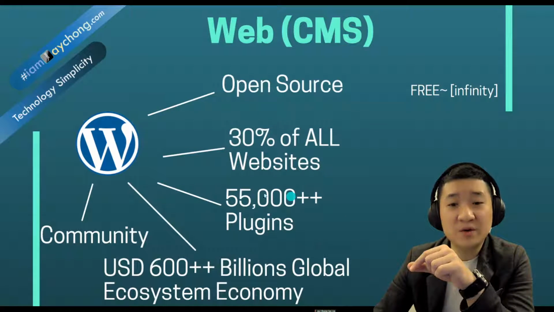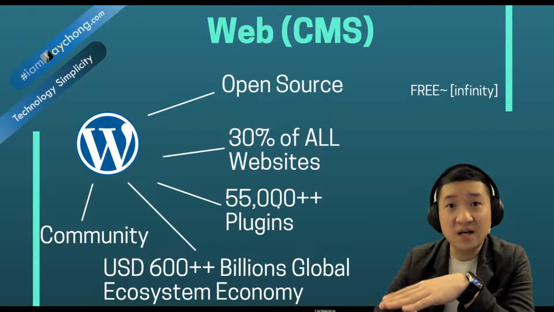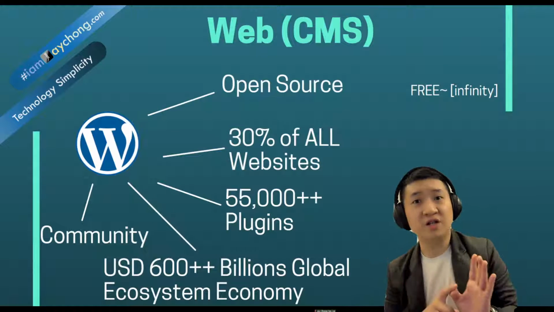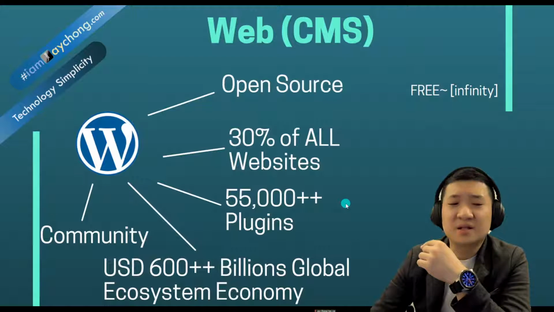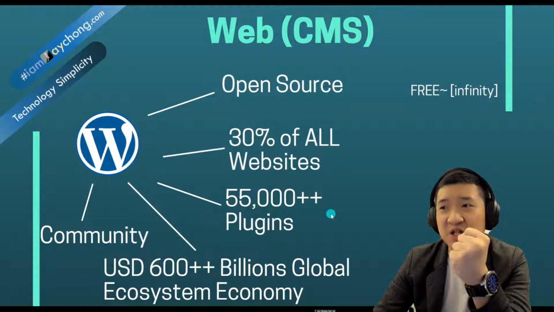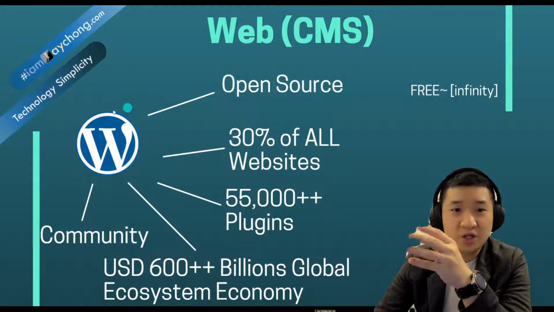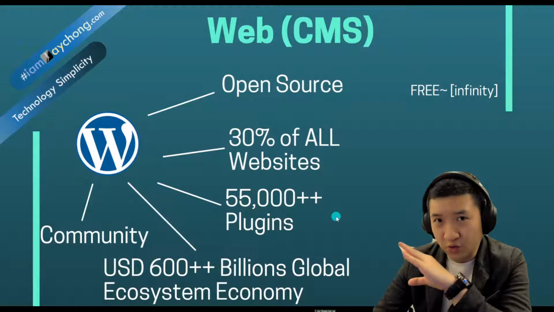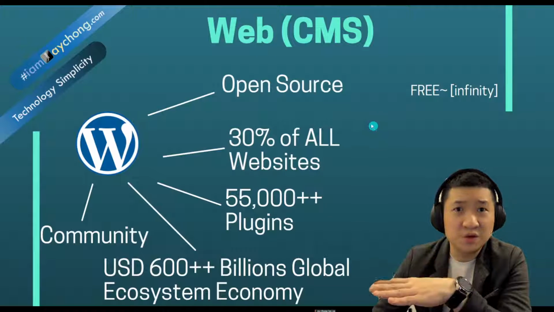In the official plugin directory, they have more than 55,000 plugins, not including the premium ones in the marketplace, which you need to pay for. Which means you can easily find more than 100,000 solutions to turn your WordPress into other functions. Basically, you can build anything using WordPress.